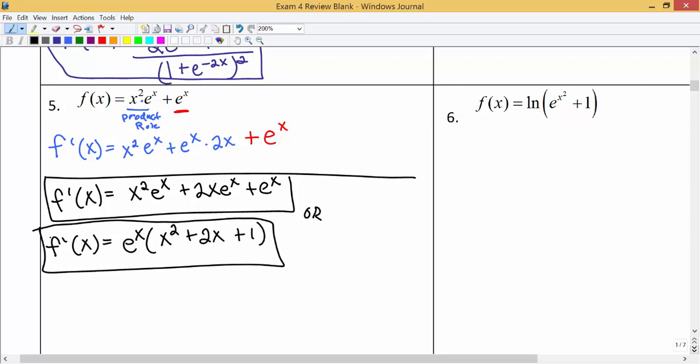So either way that we wrote it, both of those are perfectly acceptable solutions. Okay, remember that you could check it by multiplying e to the x back in, and if you factored it out correctly, then you should get the three terms that you started with. Keep in mind that on the exam, the level of simplification, of course, is up to you.